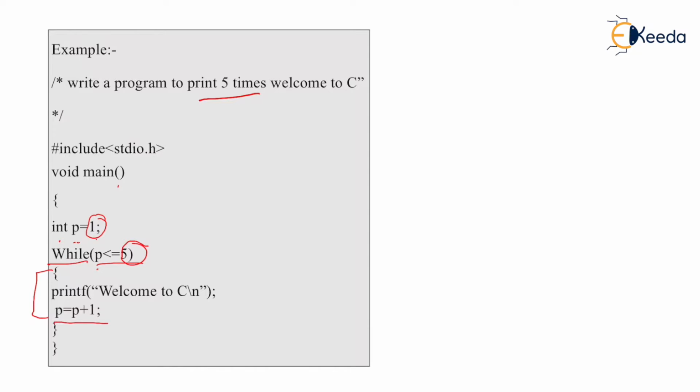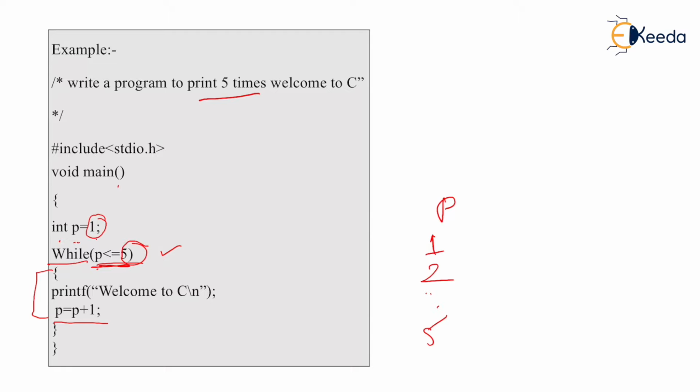So how will this get executed? Consider initially the value of p is 1. The first time my control comes here, it checks p <= 5, which is true. So it goes to the printf and displays "welcome to C" with a new line, and increments the value of p by 1, that is 2. The second time the condition gets checked and it gets executed, up to 5.